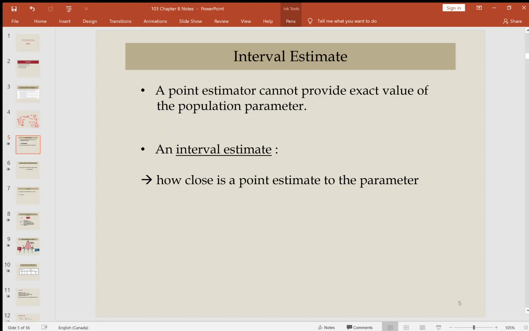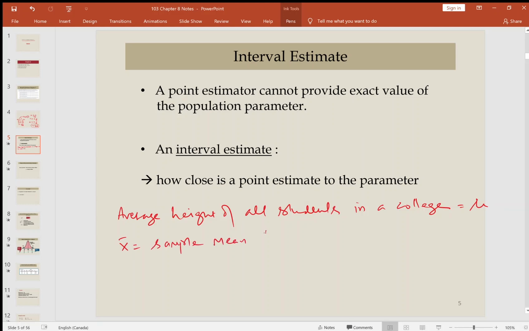So remember the old example where we said we want to find the average height of all students in a college, which is your mu, and let us say we found x bar, a sample mean based on a sample of size n equals, say, 150. Okay, and we found it to be 5 feet, let's say 8 inches.